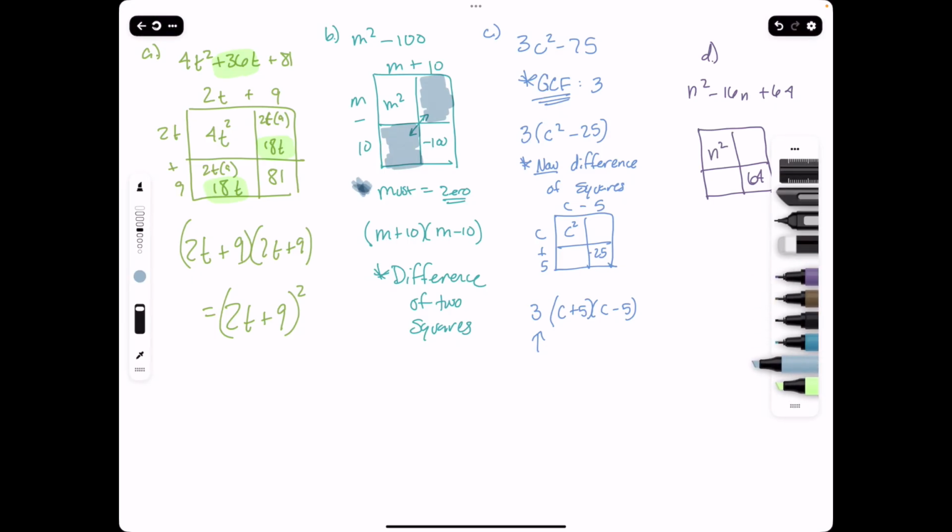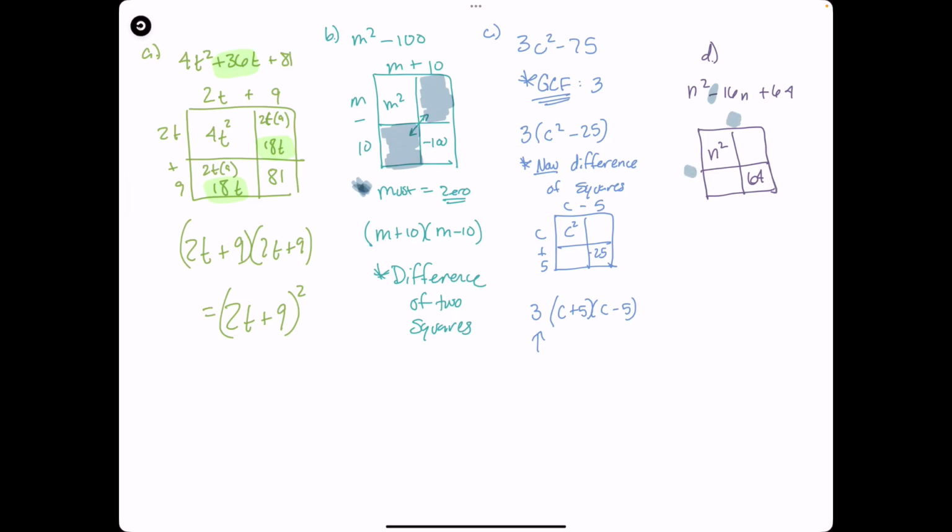I'm going to point out this is negative, which means here and here I have to have opposite signs, a plus and a minus.